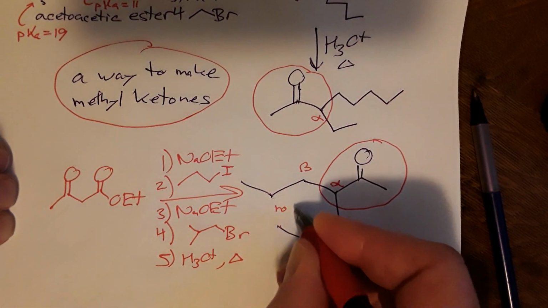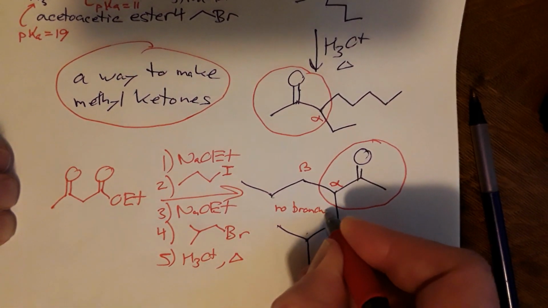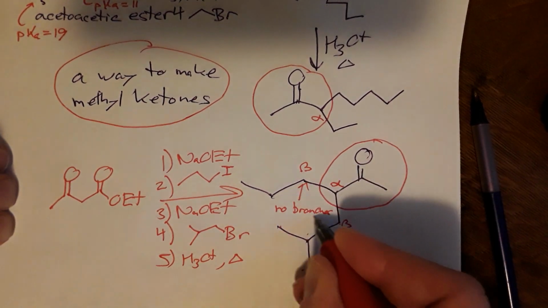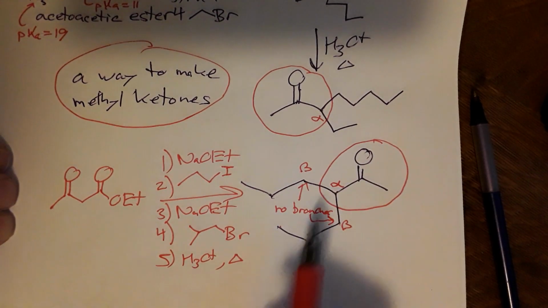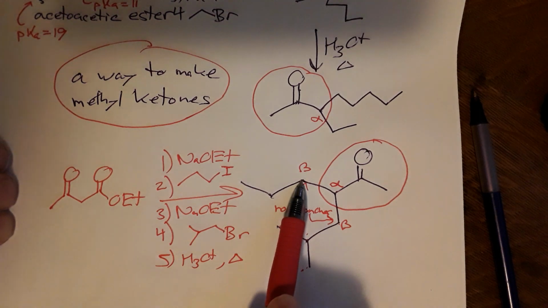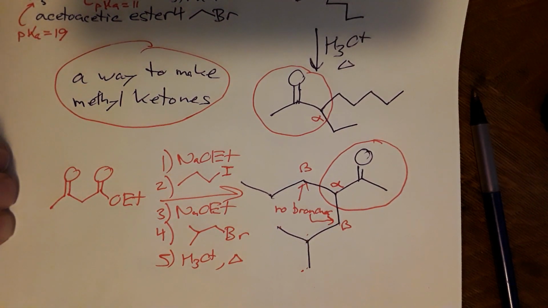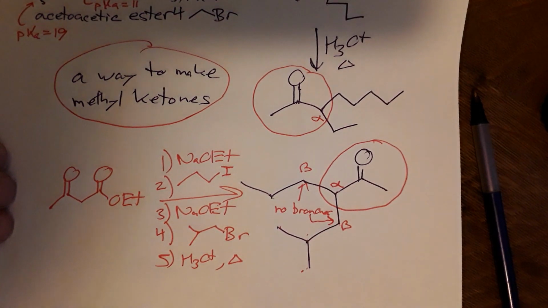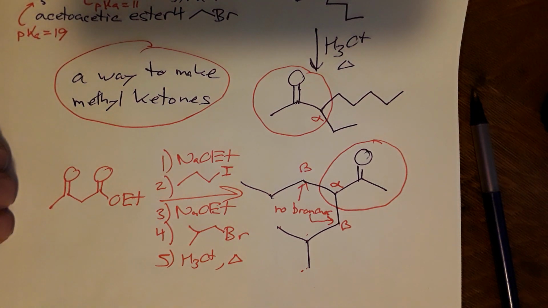So no branches here. As long as there's no branches on the beta position, then you can use a primary alkyl halide there and get the desired product.